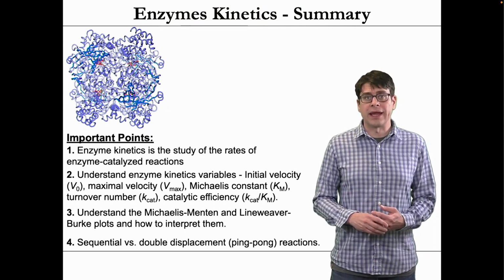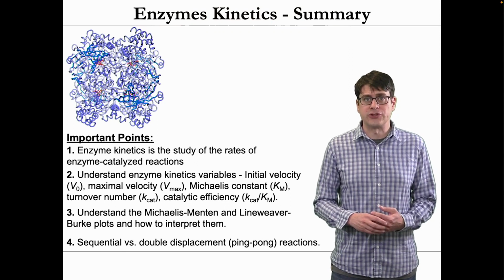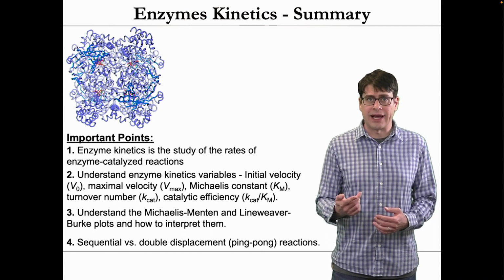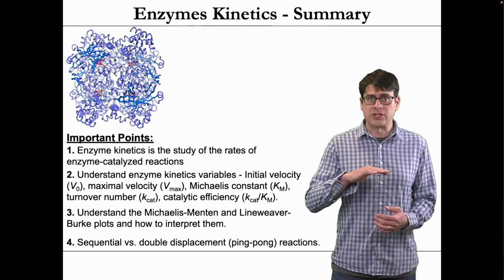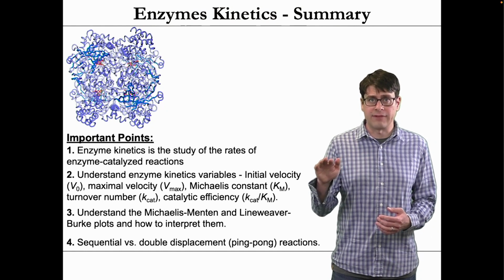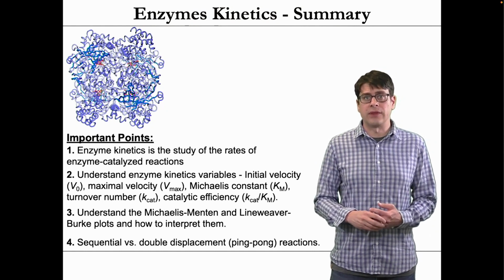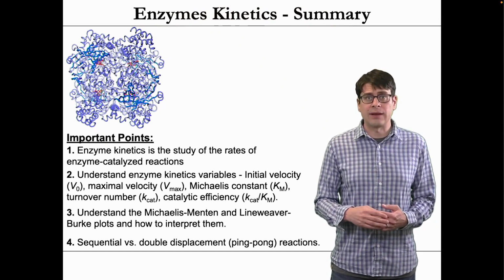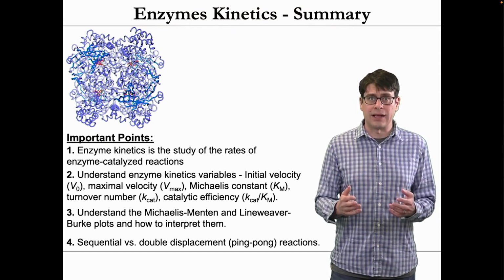We also went over the Michaelis-Menten equation, which introduced things like Vmax, the maximum velocity of a reaction. It's the point at which the enzyme is completely saturated with substrate, so it really can't go any faster. And we also learned about Km, the Michaelis constant, which describes the substrate-enzyme interaction.